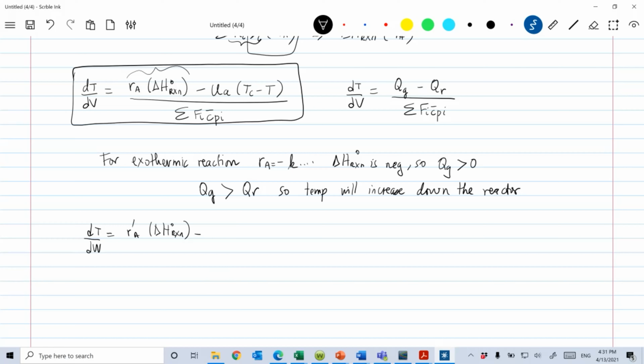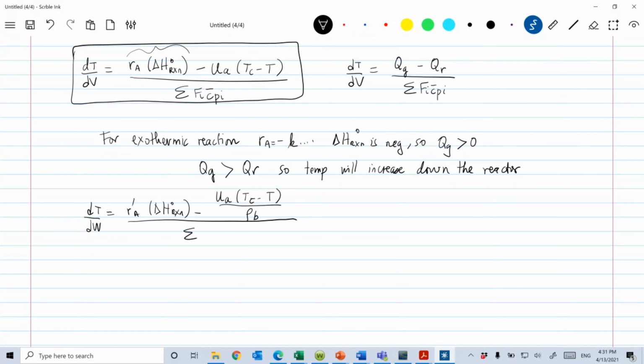And here, however, it's going to be UA over the bulk density of your catalyst, for example, and Fi CPI. So yeah, we won't derive this, to be honest, but this is going to be a form of it if it's a packed bed reactor rather than a plug flow.